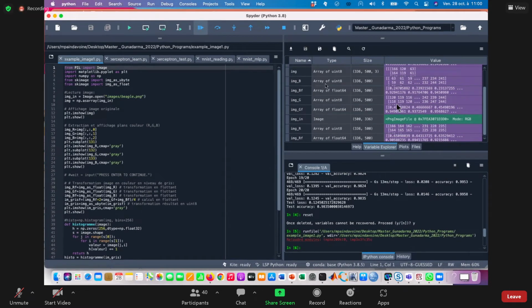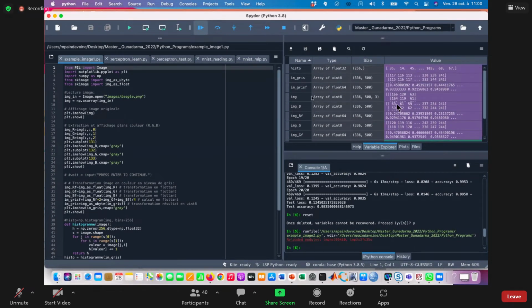So with that, we have img. Here we can see that this image is 336 rows and 500 columns. And it means that this is an RGB, red, green, and blue, image, okay? And we have 3 channels.